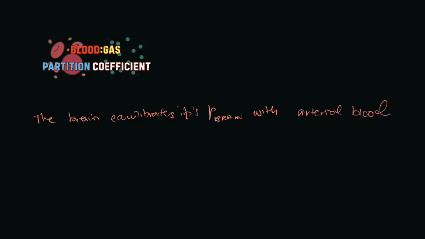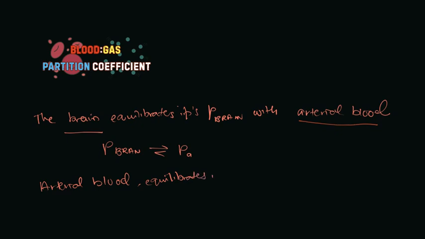So what is the connection between the brain partial pressure and alveolar partial pressure? Let us have a look. The brain partial pressure will equilibrate with the arterial blood. We can write it as such: partial pressure of the brain equilibrates with arterial partial pressure. Next, the arterial blood equilibrates with the alveolar partial pressure.